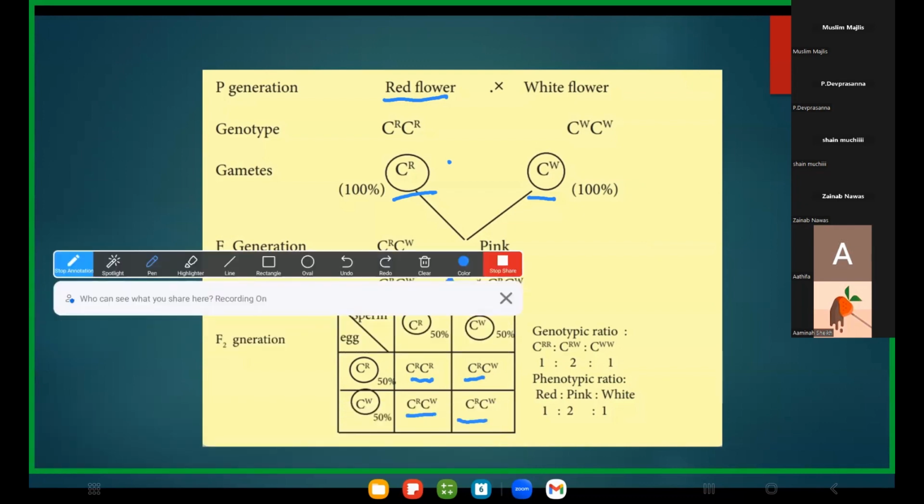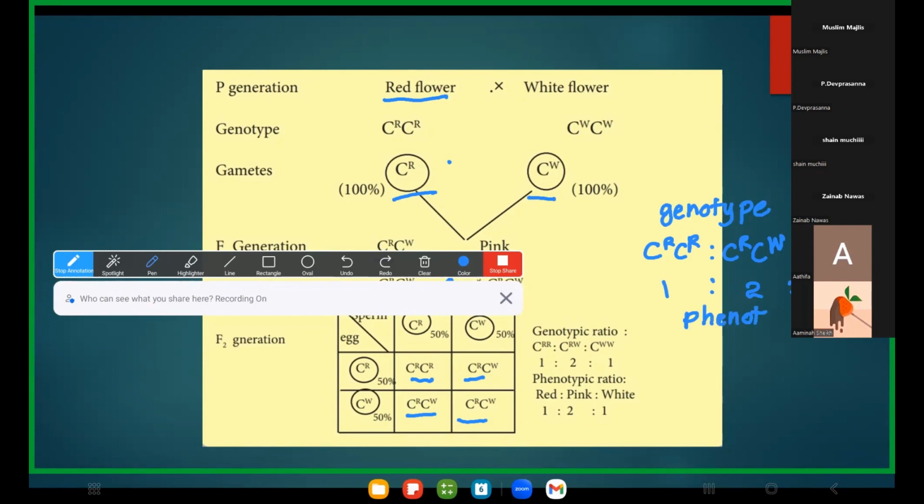So the ratio would be red, pink, and white. If we look at it closely, the genotype ratio would be CR/CR to CR/CW to CW/CW, 1:2:1. A similar ratio would be observed for the phenotype as well.